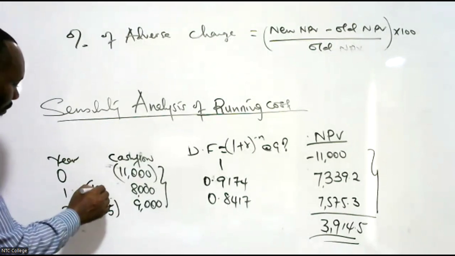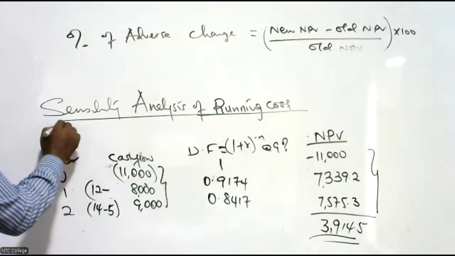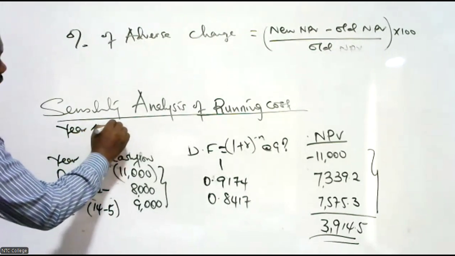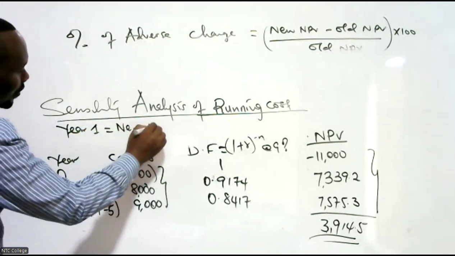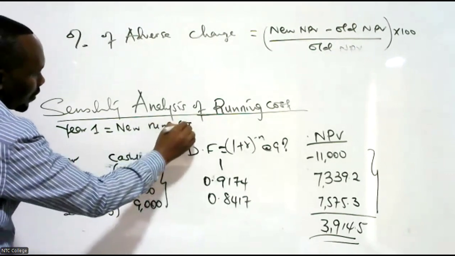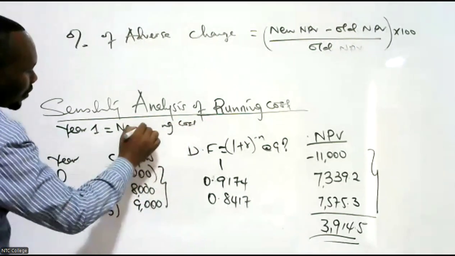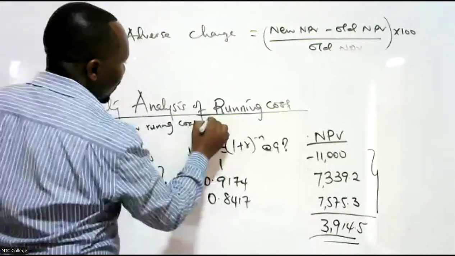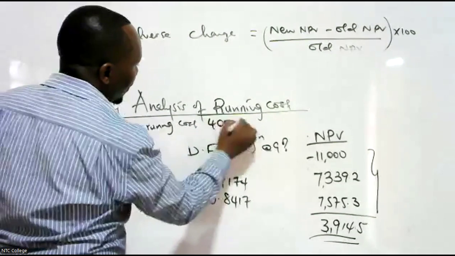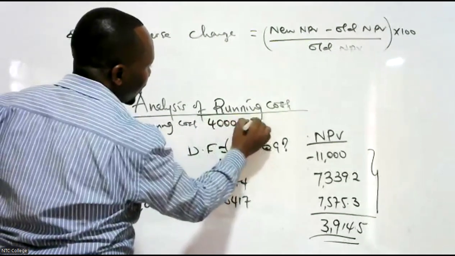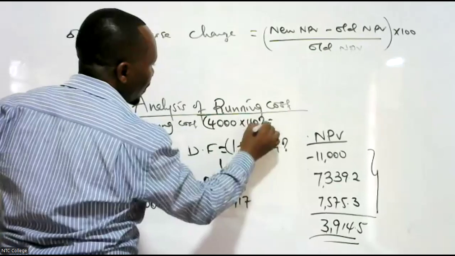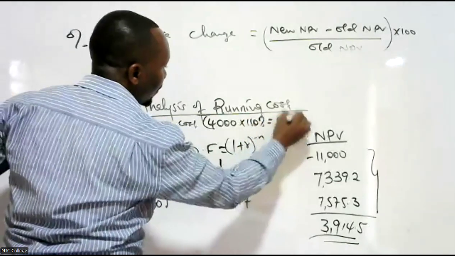The new running cost year one becomes 4,000 times 110%. So that is 4,400.